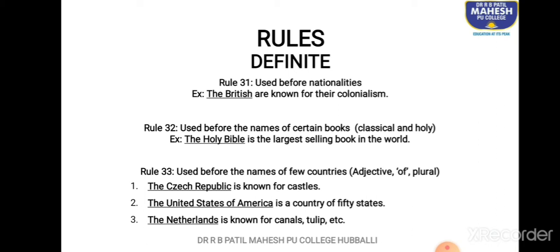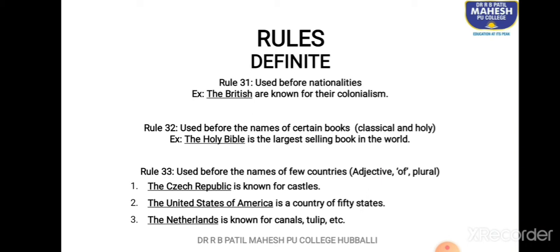The Czech Republic is known for castles. Here, Czech Republic is a name of a country. So in the name itself, the word republic, which is an adjective, is used. Hence, article the can be used. Next example, the United States of America. In this name, of is to be noticed. So the is very important.